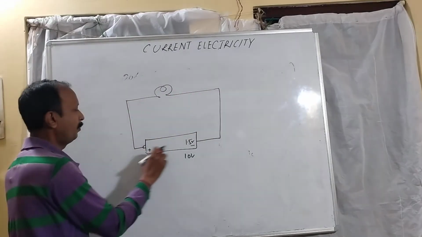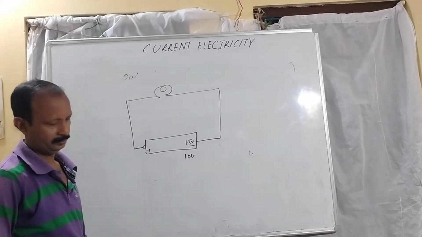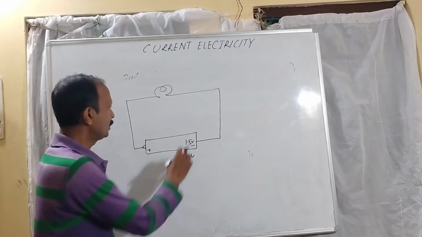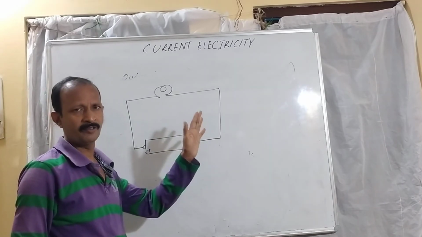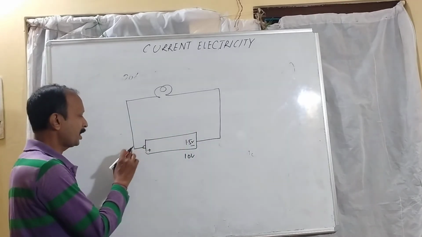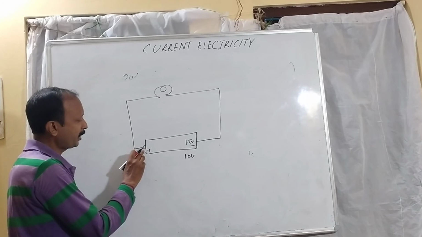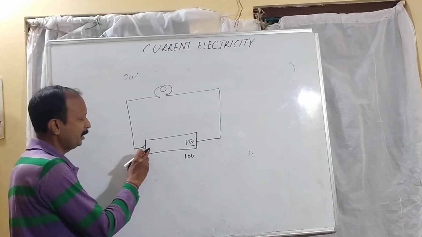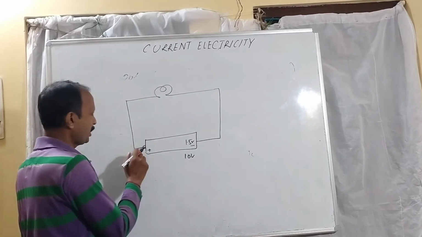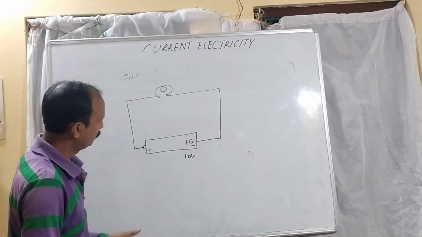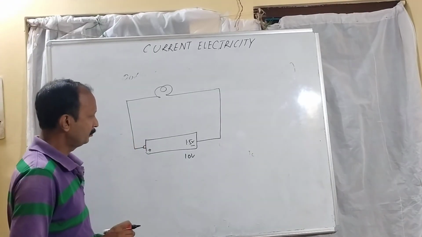This is the positive end, this is the negative end. This is a metallic conductor. It contains a large number of free electrons. Electrons are negative charges, and these charged particles will be attracted by the positive end. When they are attracted by the positive end, what will happen?